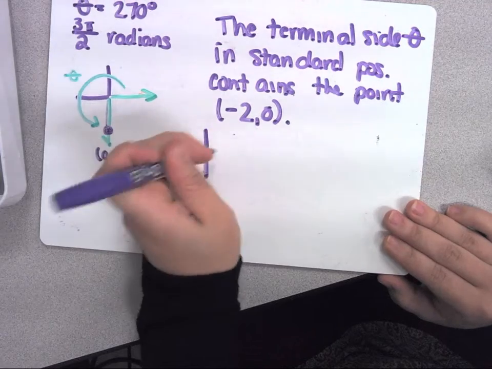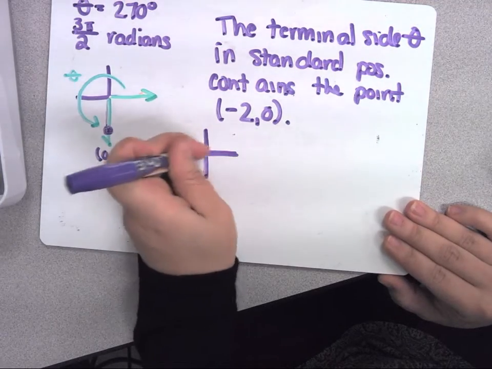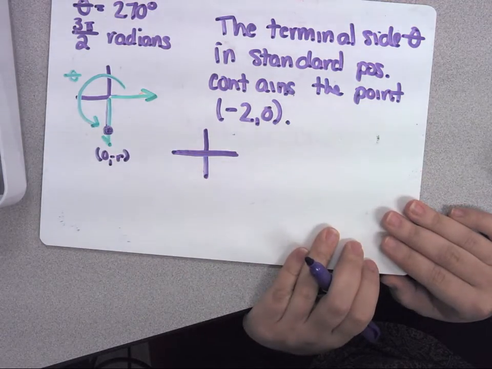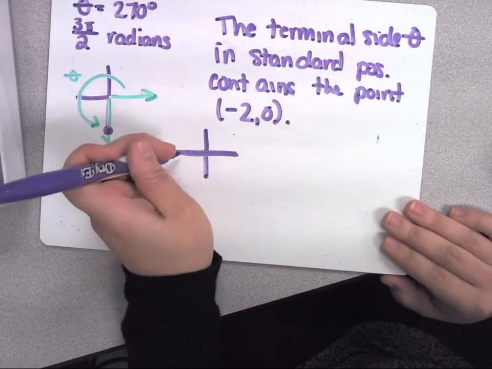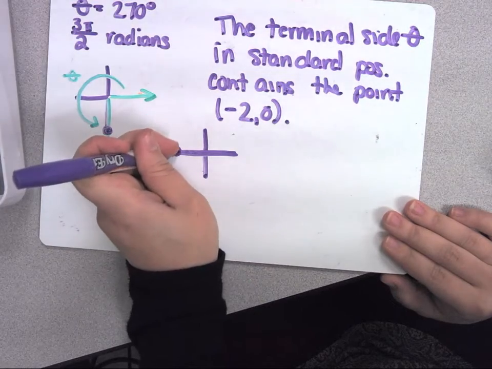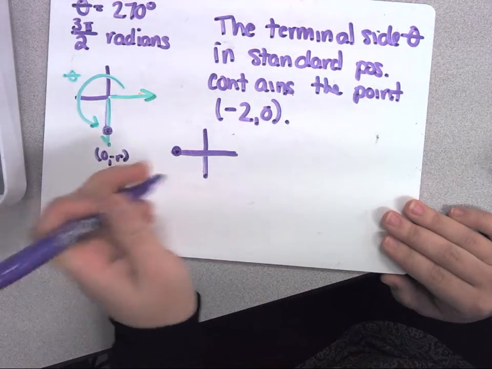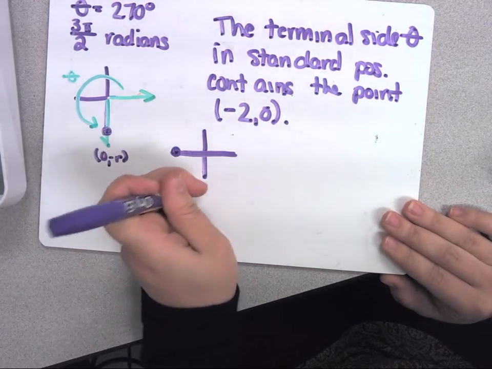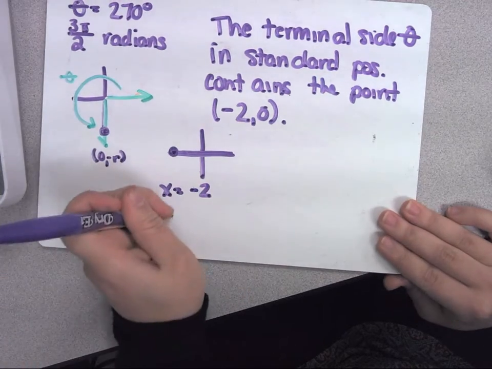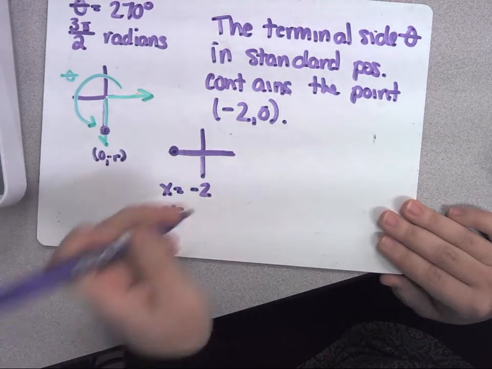So it helps to see the picture because we're going to need the pictures later. Where is -2 comma 0? It's on 180, right? So that means x is -2. What's y? 0.